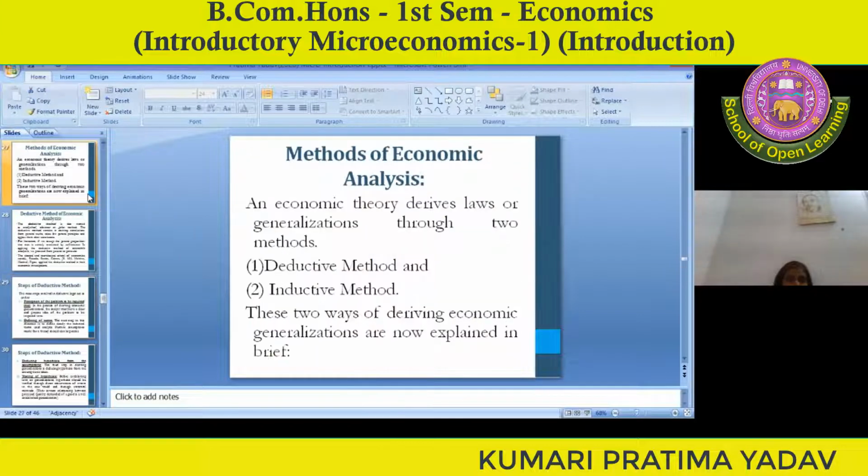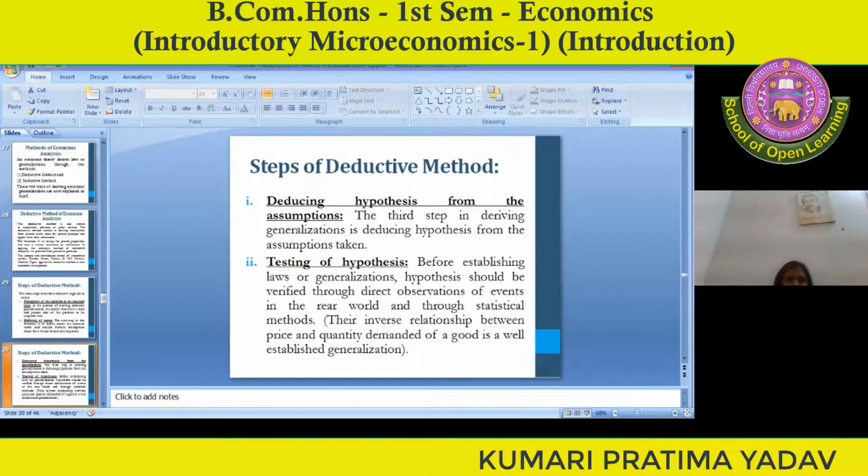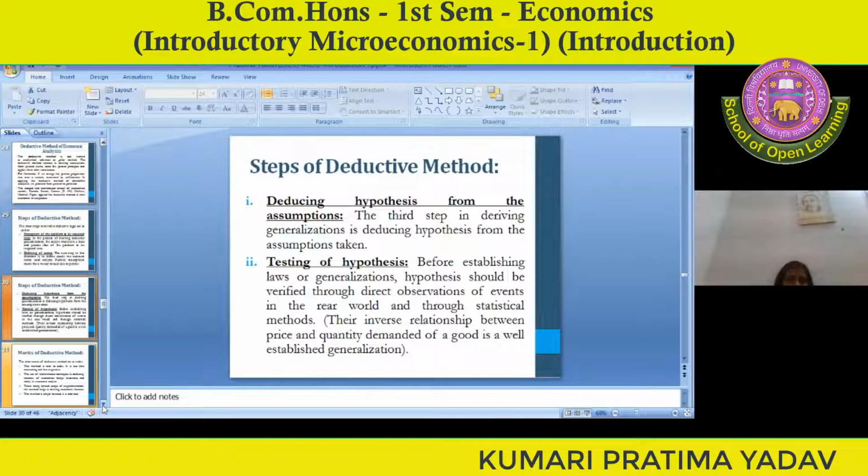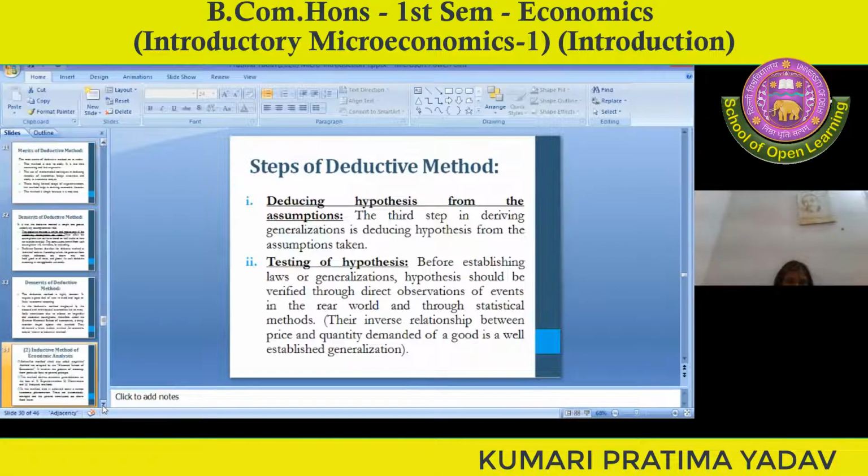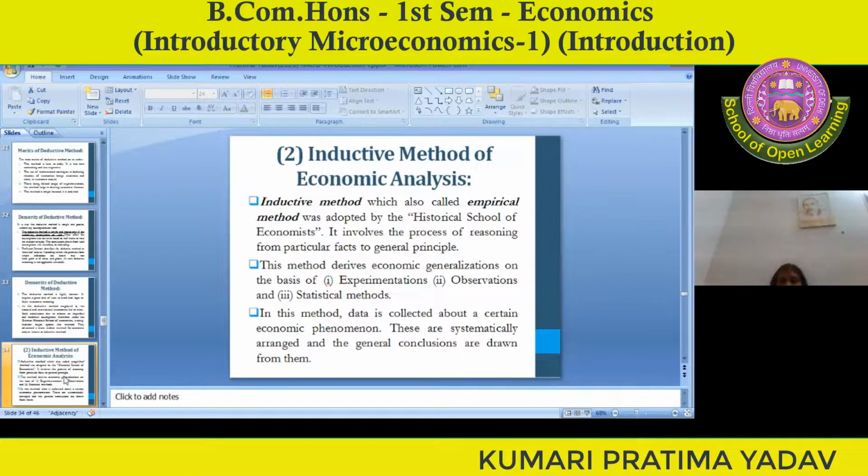Another is the inductive method. Second is the inductive method of economic analysis. The inductive method, which is also called the empirical method, was adopted by the historical school of economics.